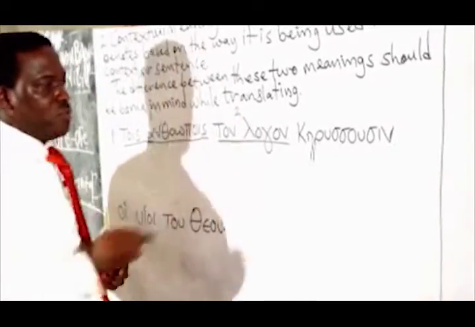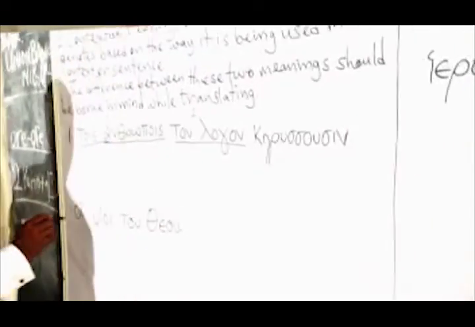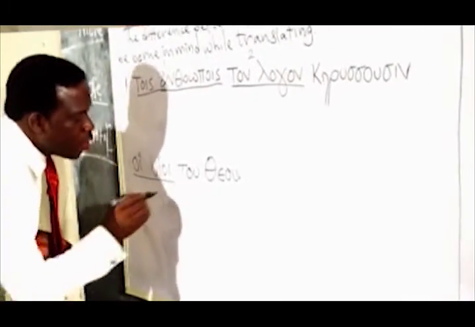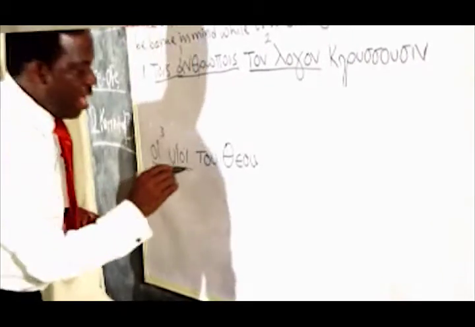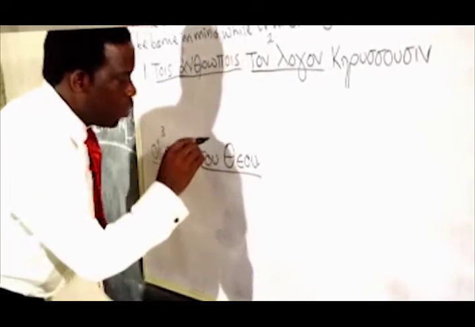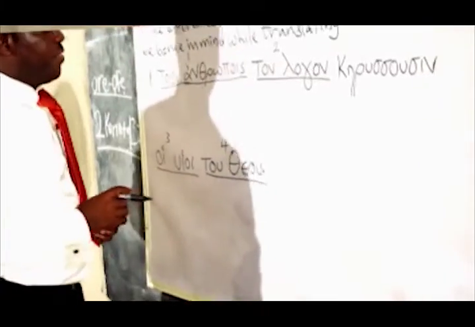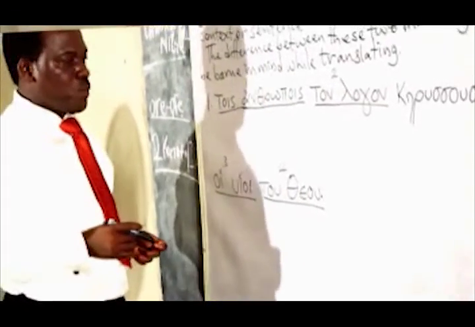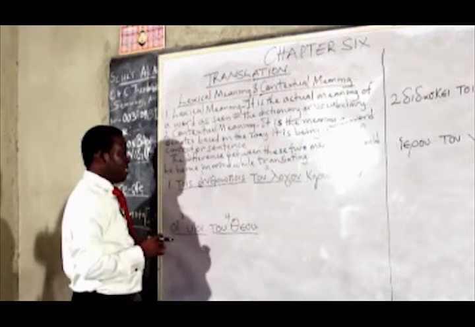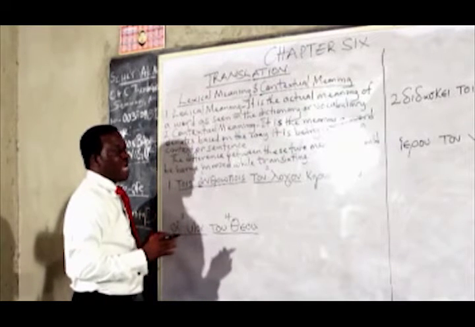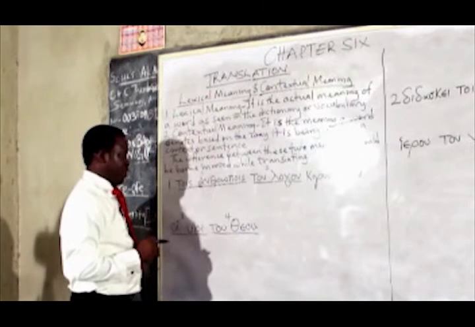This is 2. We have hoi huioi, which is 3. We have tou theou, which is 4. These are 4 nouns. And all these nouns in this first sentence, they are masculine nouns of second declension.